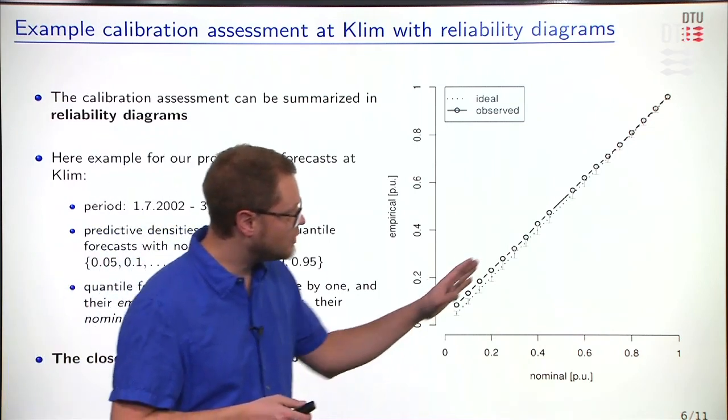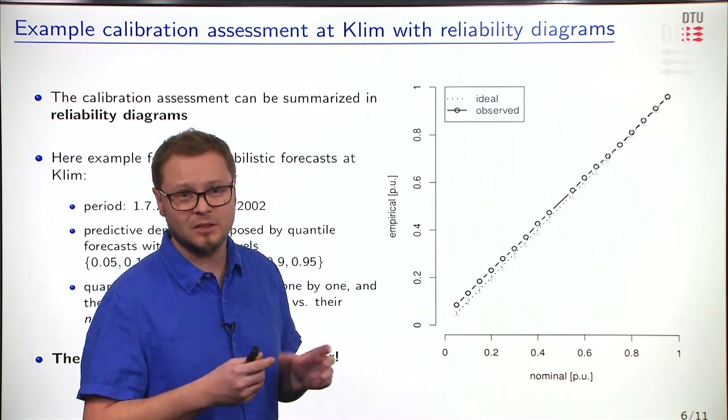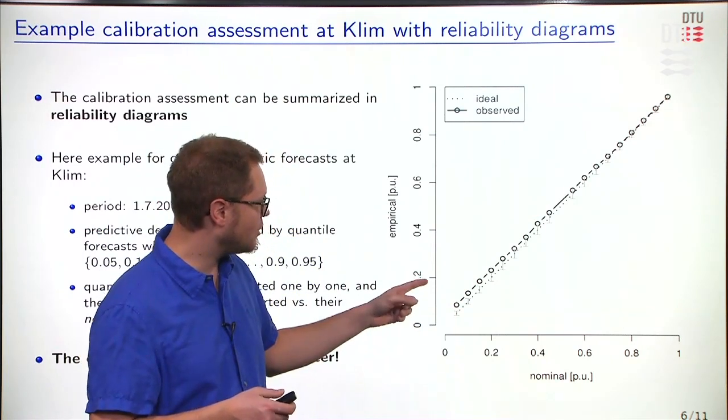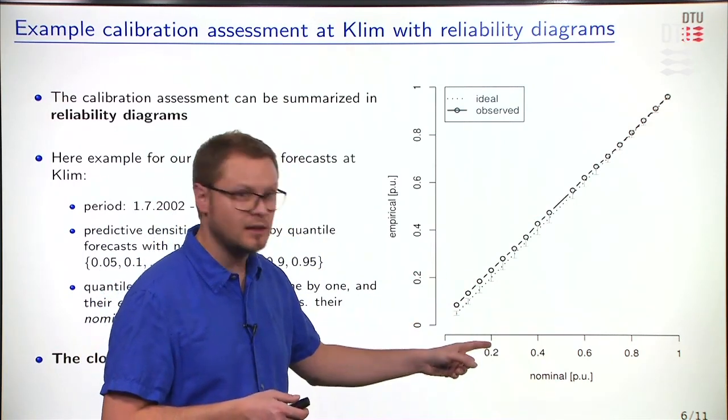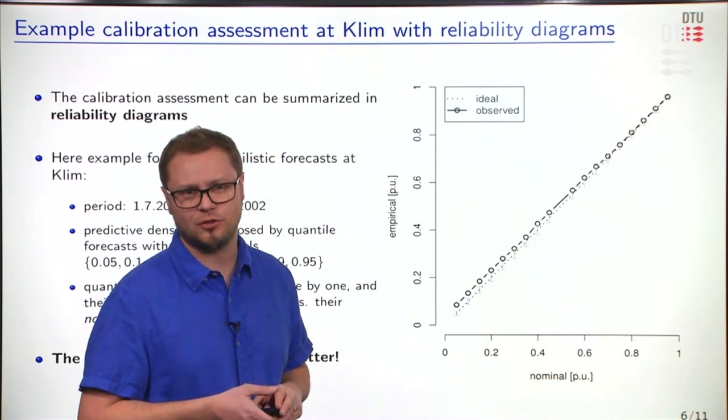Obviously, the closer to the diagonal, the better, since for a perfect, ideal case, you would have an empirical level which is exactly equal to the nominal level. You fully respect your probabilistic contract.